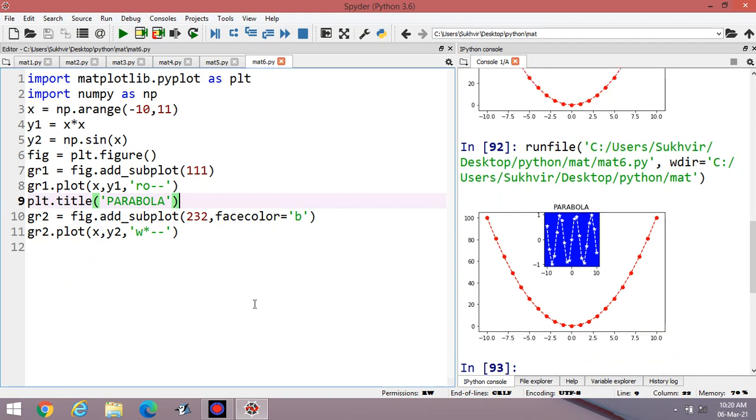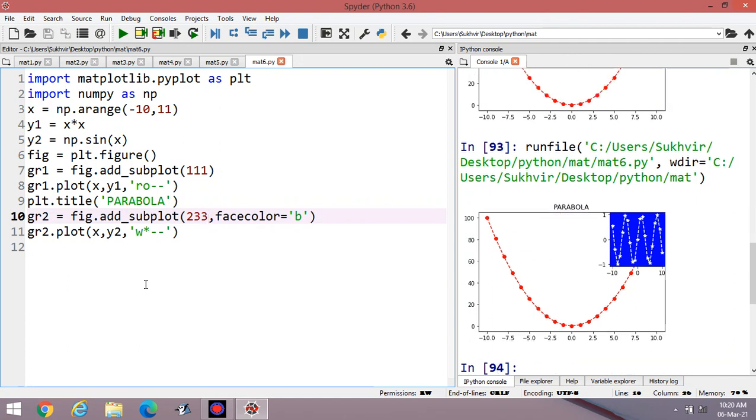You can see the content, and similarly if I change the position to 2 into 3 into 3, I can change the location. Look at this one, 2 into 3 into 3. What is the meaning of this? 2 rows and 3 columns, and at third position. This one is the graph and this one is parabola.